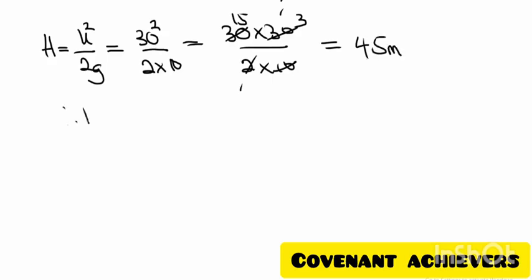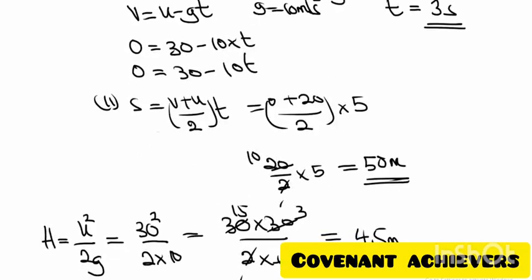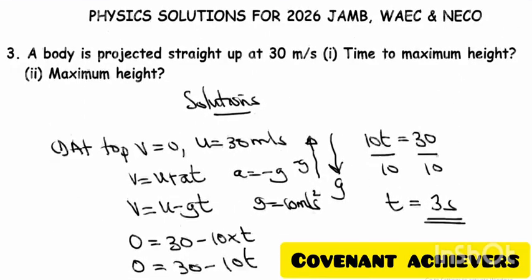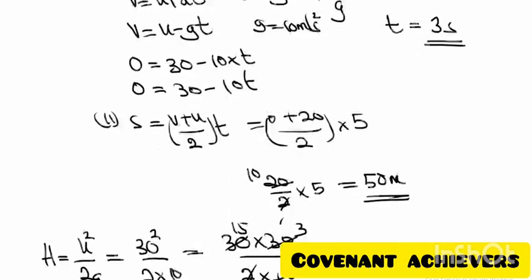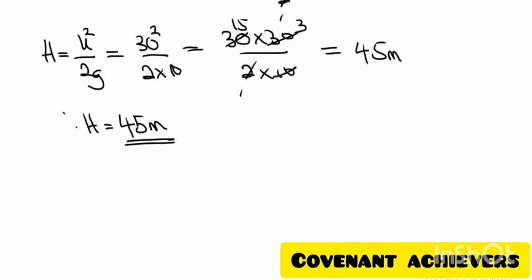Therefore the height is 45 meters. You can see the way it is being solved for you in a demystified way. The first question, our t is 3 seconds, while the second question is 45 meters.